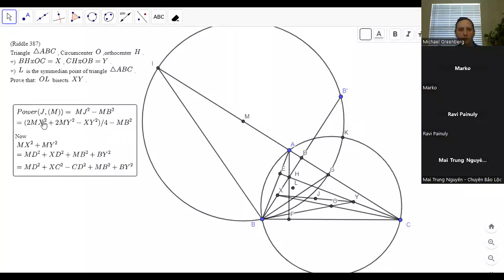Okay, so this part. I'm going to write out what you just put. So if you substitute this in, then you're saying the MB squared goes away, because you'd have two.